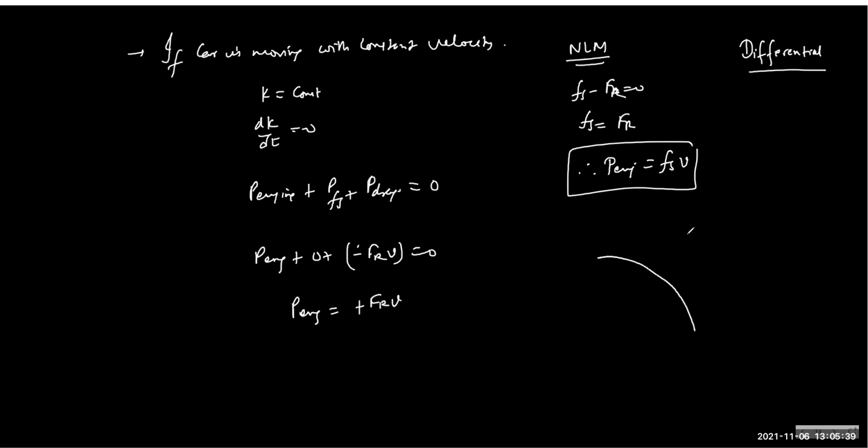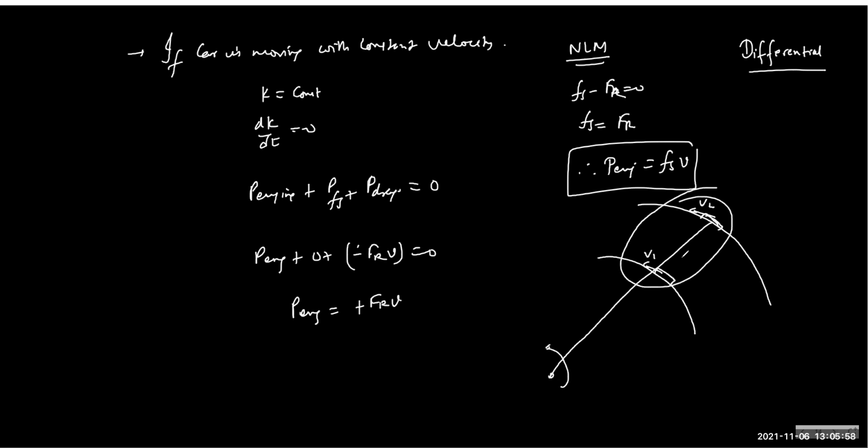When a car turns, the issue is, if you know circular motion, this wheel will have V1 and this will have V2. So how do we achieve different velocities for different tires? That means this axle is not direct.